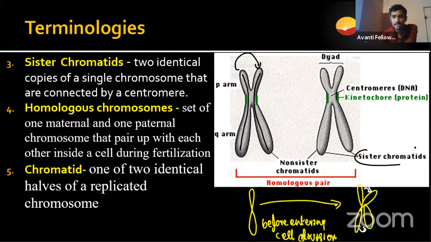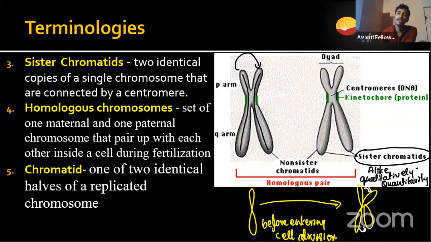As you can see here, we call them sister chromatids because they are alike, both of them. I can say they are qualitatively and quantitatively the same. Then you may ask, sir, what's the meaning of qualitatively and quantitatively the same? Simple.